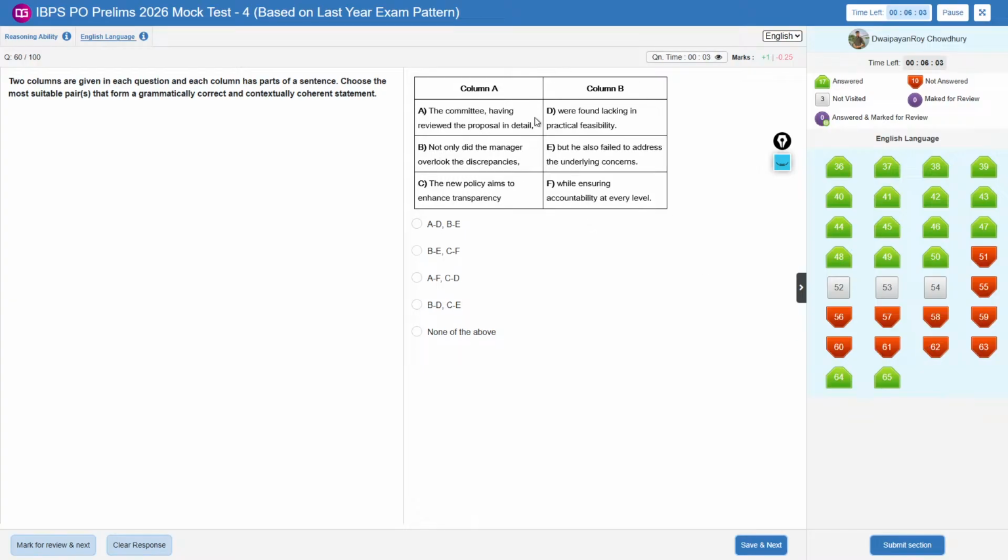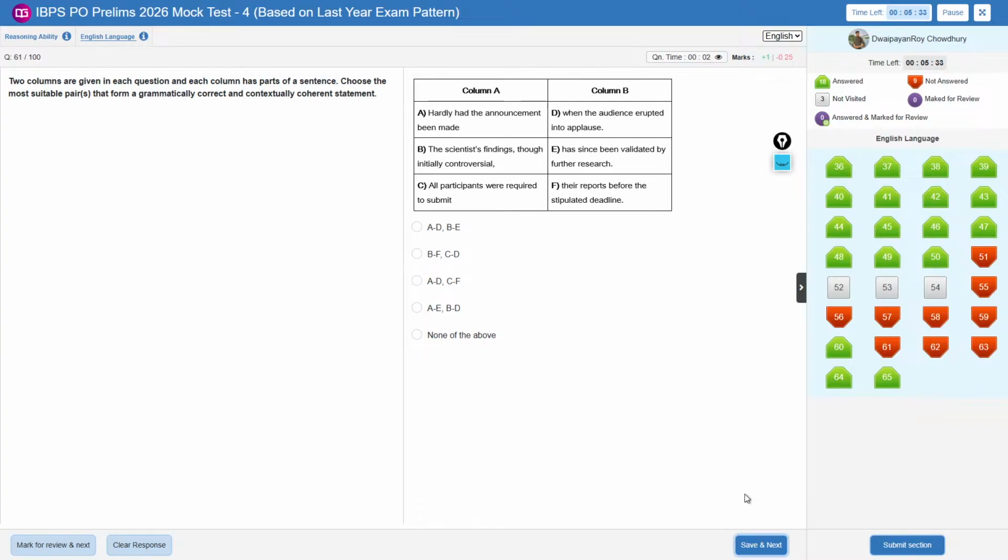The committee, having reviewed the proposal in detail, I don't think. Not only did the manager overlook the discrepancies, but he also failed to address the underlying concern. So BE. The new policy aims to enhance transparency while ensuring accountability at entry level.